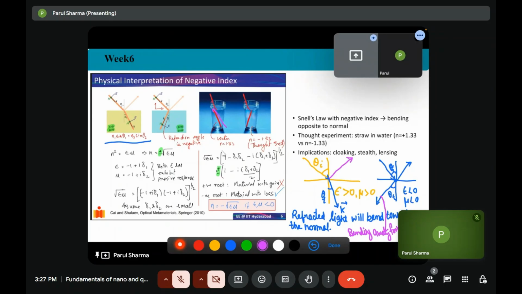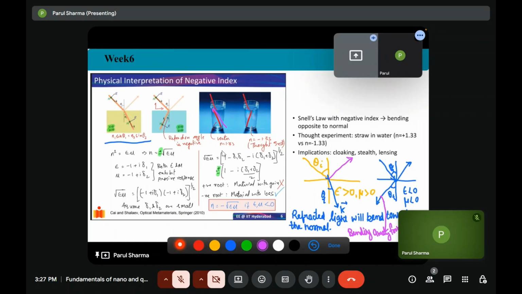Okay, and if we have n equals minus 1.33, then the straw will bend the opposite way, opposite to the case of the positive index.